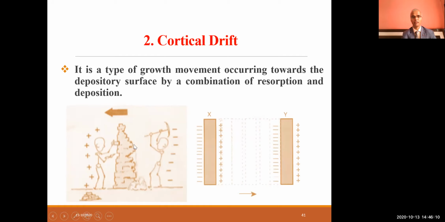Here there is resorption of this structure. X is the initial structure and Y is the final structure. Here bone resorption takes place and here bone deposition takes place. So this cortical bone moves from X to Y position by a combination of both bone resorption as well as bone deposition.